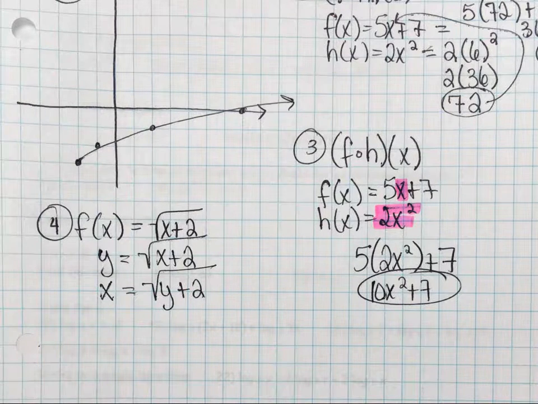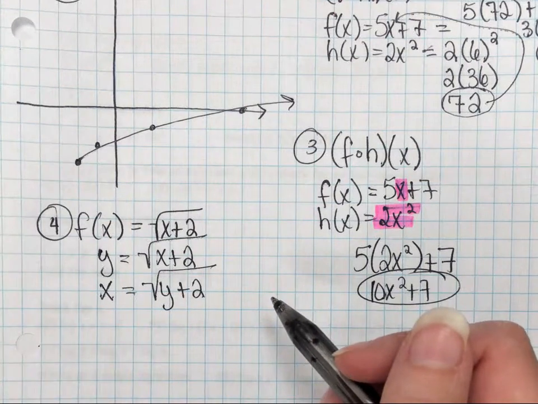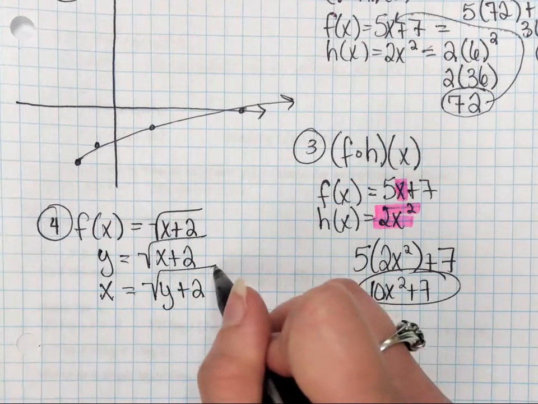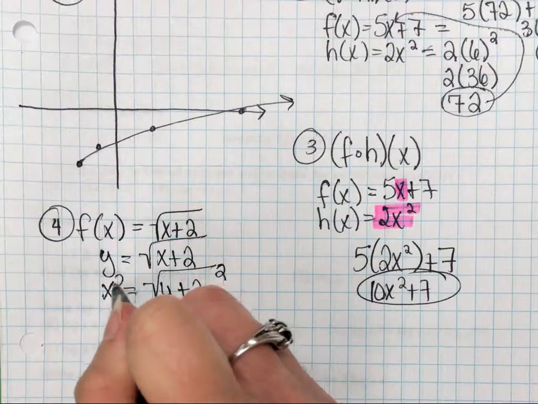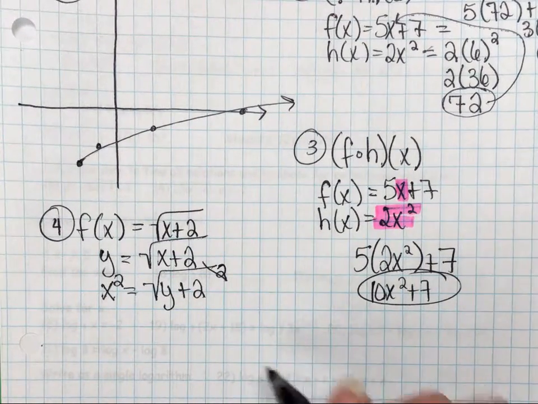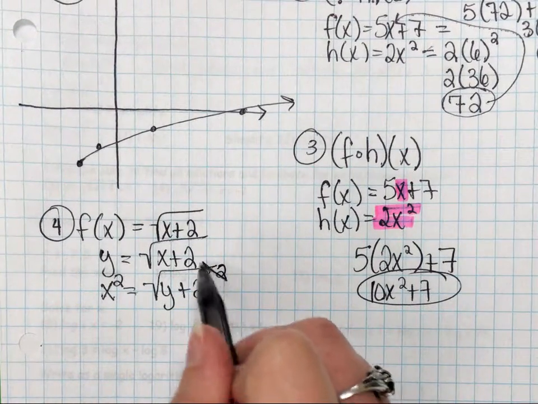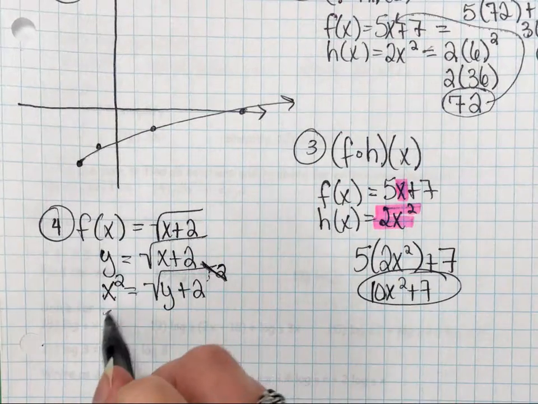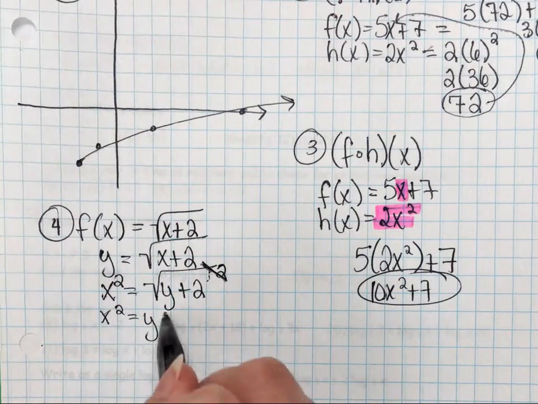Okay. Alright, I've got to get y by itself. So, what do I need to do to get y by itself? You square it to get rid of that square root. Very nice. You square it. So then that square root and that square cancel out. So you have x squared equals y plus 2.